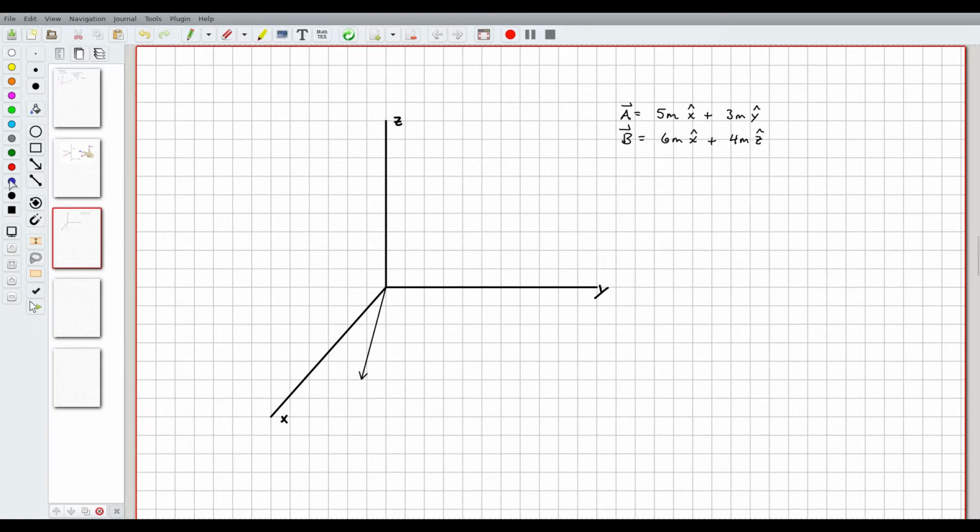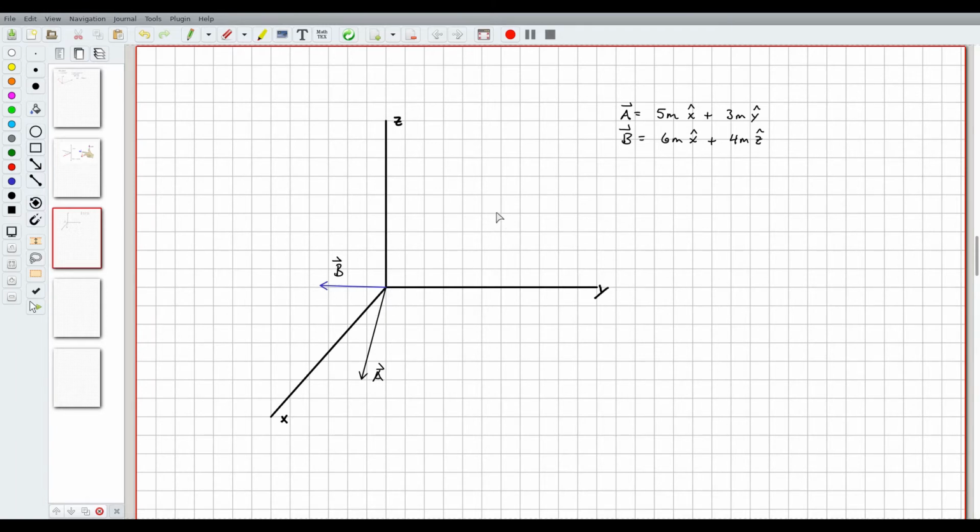Vector B is 6 along x, 1, 2, 3, 4, 5, 6 approximately, and 4 of z, 1, 2, 3, 4. So it's going to point approximately from here to about here. So let's label these: vector A and vector B. So visually this is what we have.